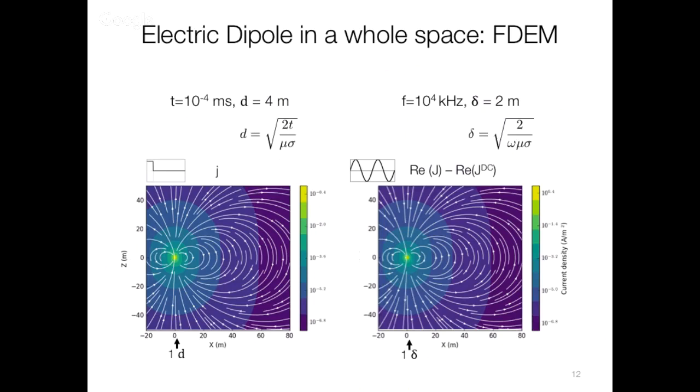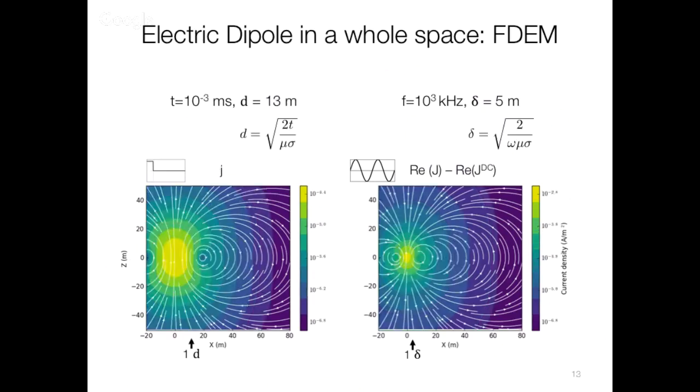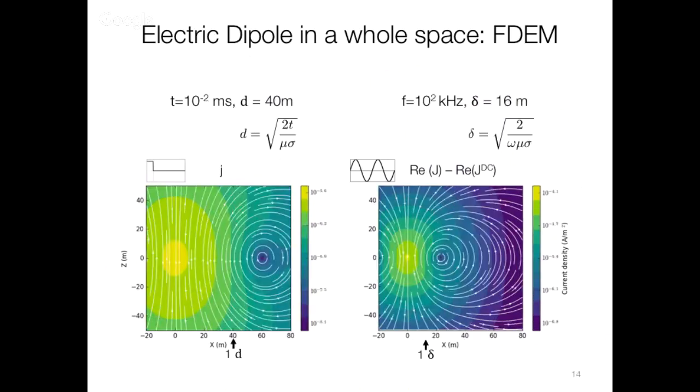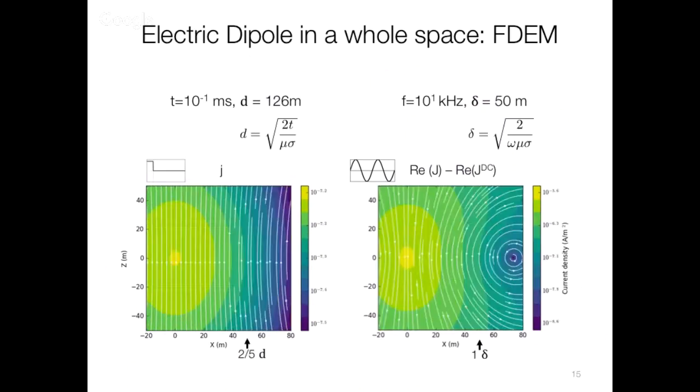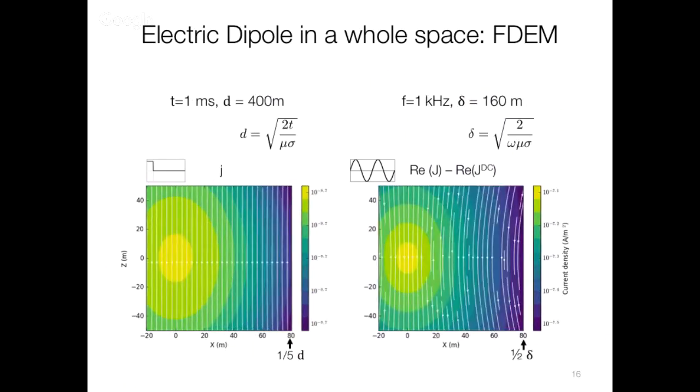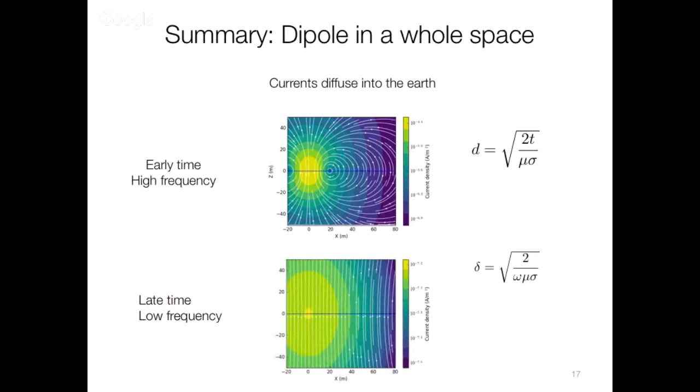Look at the pictures of these two as far as the currents go. The same a little bit later, and again you can look at depths and skin depths. They're kind of the same. Later times, lower frequencies. So it's the same phenomenon. Frequency and time are the same: diffusion distance, skin depth, early times corresponding to high frequencies. Okay?